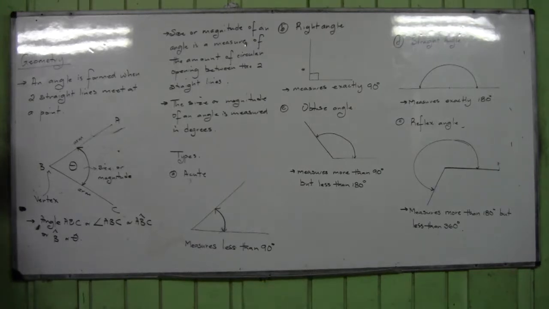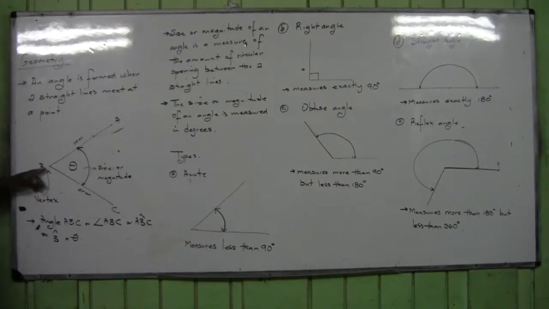So here's an example of an angle. In this diagram, the line AB meets the line BC. So whenever two straight lines meet, they form an angle.